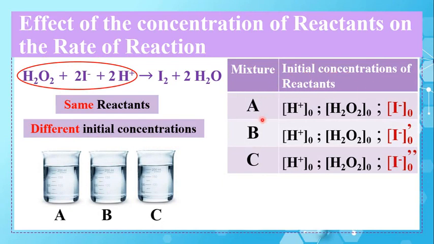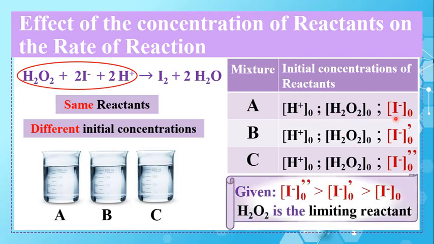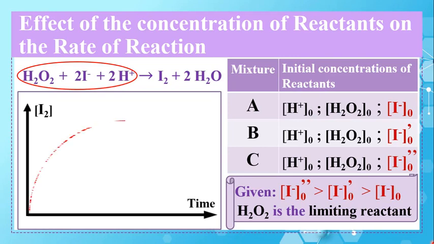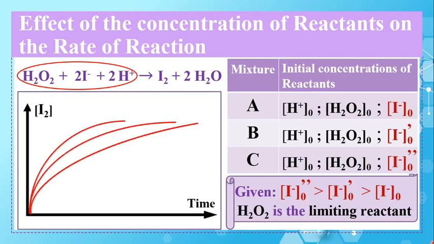In the mixtures A, B, and C, we have the same initial concentration of H+ and of H2O2. The initial concentration of I- in mixture A is smaller than that in mixture B, smaller than that in mixture C. The variation of the concentration of the product I2 with time gives three kinetic curves.